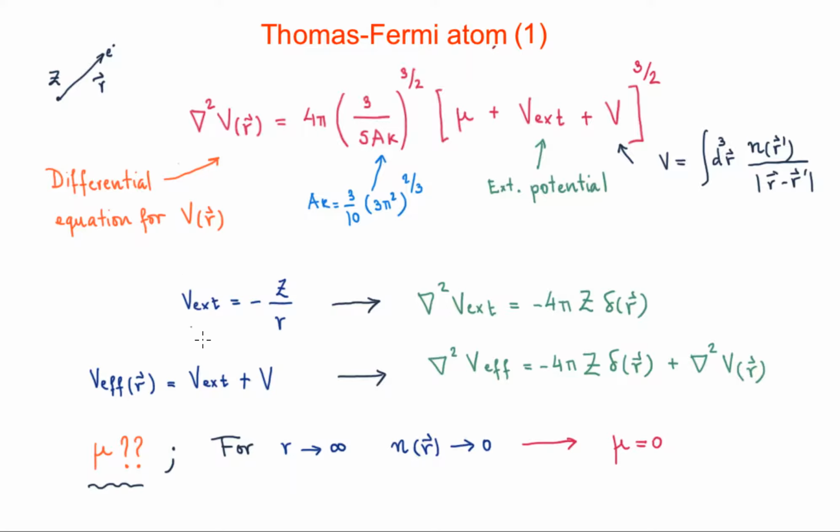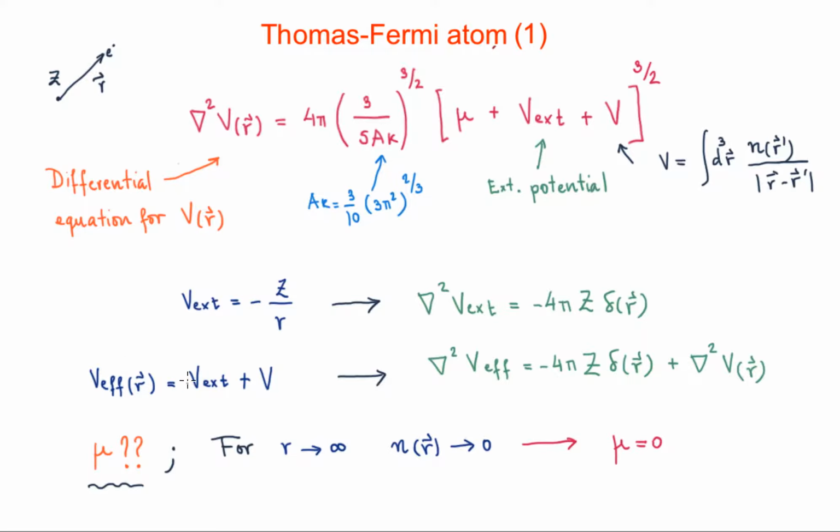So first, the external potential, as we said, is minus Z over r. Then it's important to take into account that in this case, the Poisson equation associated with that external potential is minus 4 pi times Z and the Dirac delta. We're going to define a new potential, which is the effective potential.